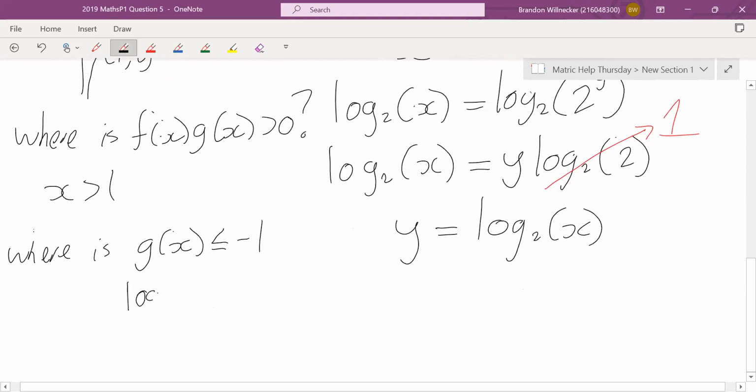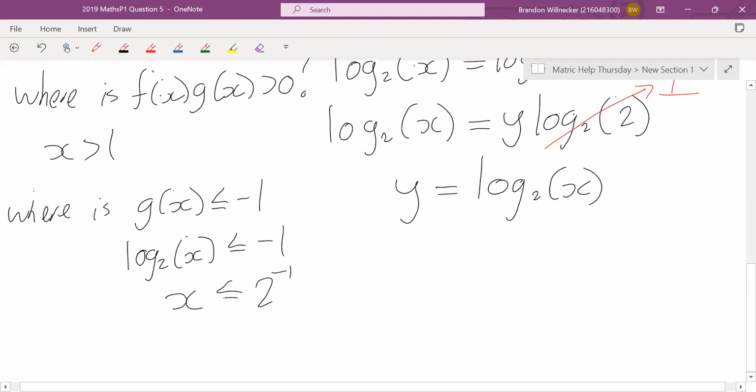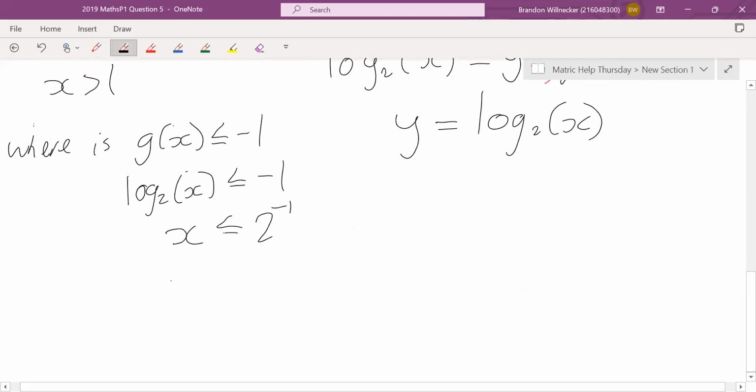This is going to be log base 2 of x is less than or equal to -1. But we don't want to work with logs, so let's raise both sides using base 2. So 2 to the power log base 2 of x, that cancels out. That's less than or equal to 2 to the -1, but that's just going to be 1/2. So x is less than or equal to 1/2.